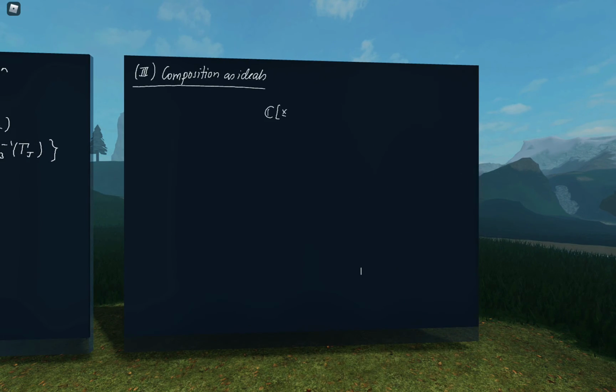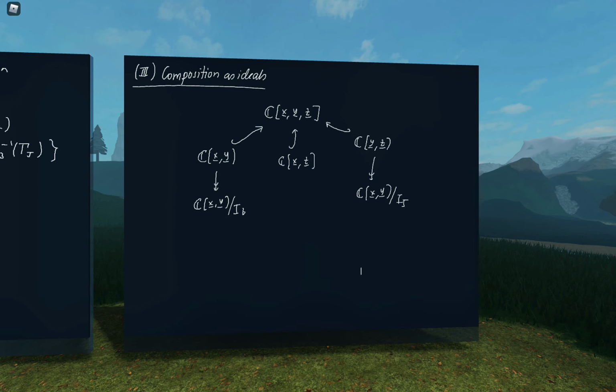So we have C[x,y,z], sitting inside which is C[x,y]. I won't give a name to this because I think I don't need it. And those inclusions, over here in the other diagram it was gamma sigma, that corresponds to the coordinate ring modulo I sigma, and this is I tau.